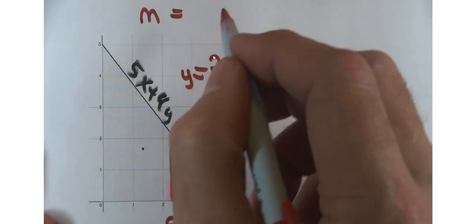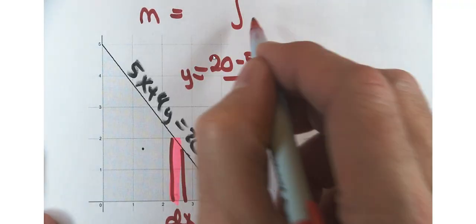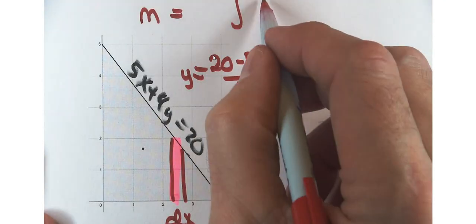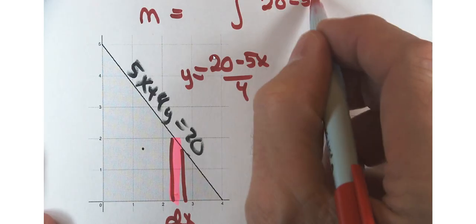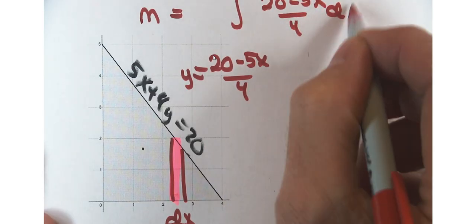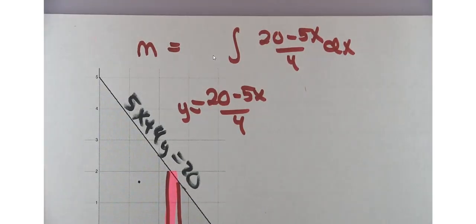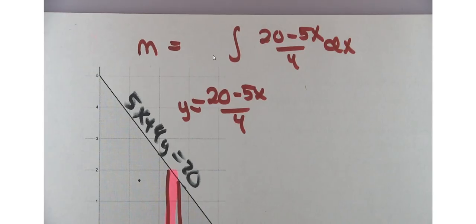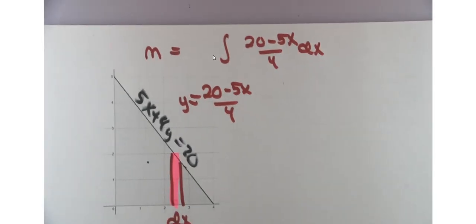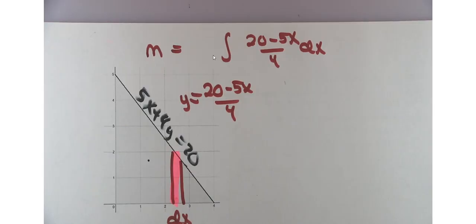So I can get the integral of 20 minus 5x over 4 dx. What should be my limits of integration for this integral? Yeah, 0 to 4. Keep in mind that this slice can be taken anywhere in this region.